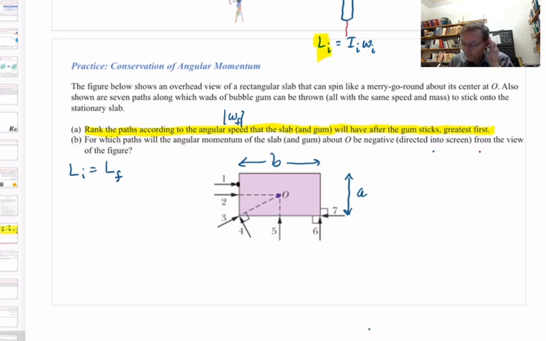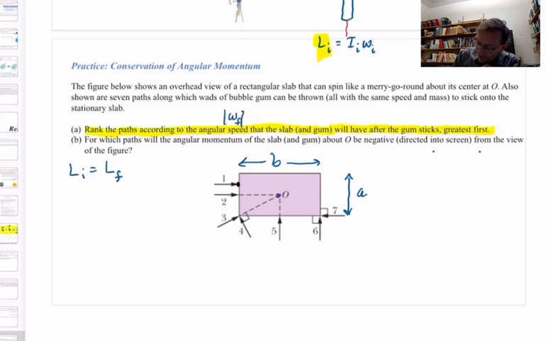Okay? In which scenario of the 7, with the gum thrown along the direction of the 7 different arrows, will the thing rotate fastest afterwards? Right? That's what it's basically asking. But the way we're going to answer it is we're going to enforce conservation of angular momentum because we have a collision with rotation.